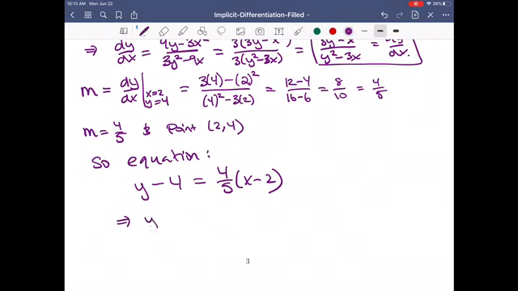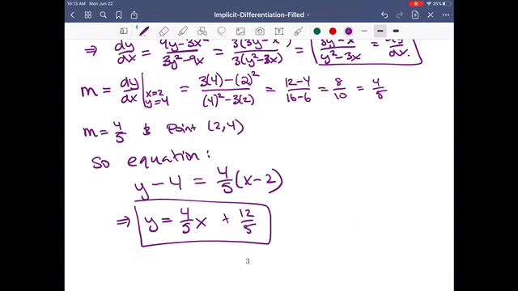Or if you want to solve for y, it's going to be 4 over 5 x minus 8 over 5 plus 4, which gives you 12 over 5, I think. So this is the equation in slope-intercept form.